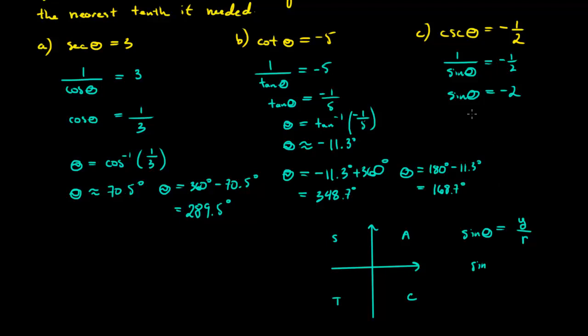So sine of theta has to be between -1 and 1. Therefore, there's no solution to this equation, because there are no values for theta such that sine theta is equal to -2. So, no solutions.